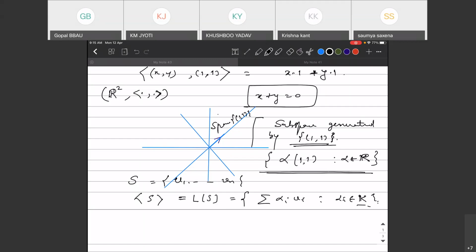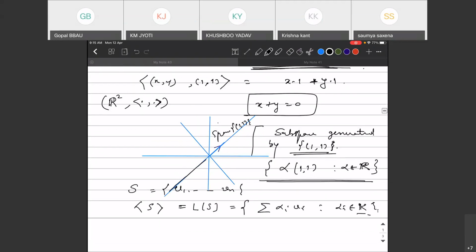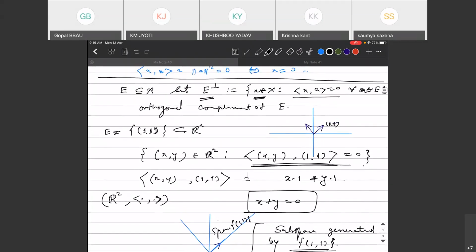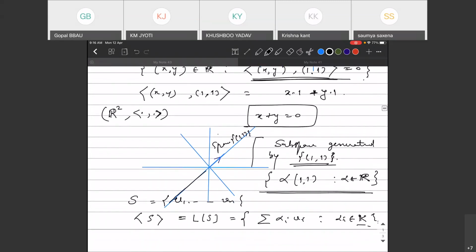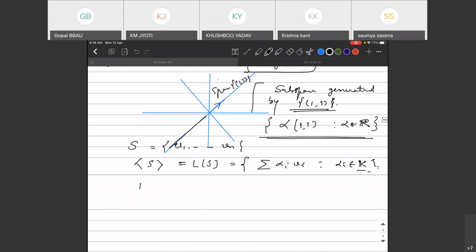Say E equals 1 comma 1, and the span of this is this subspace. When we were finding the orthogonal complement of E, we got a subspace, though we were given only a set E, which was 1 comma 1.